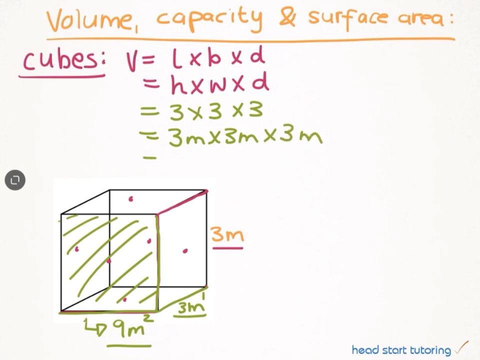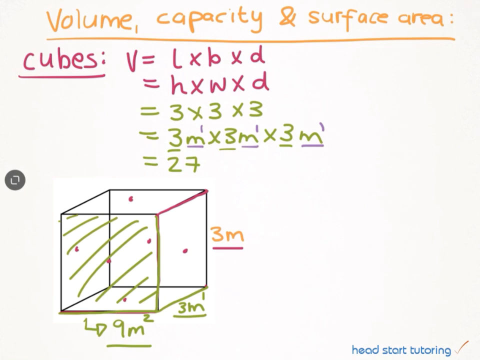So when we are multiplying 3 by 3 by 3, we get an answer of 27. 3 by 3 is 9, and 9 times 3 is 27. But now remember, we also need to multiply our measurements together. So remember, these are all to the power of 1, an imaginary one. We don't need to put those ones there. It's just to help us understand.